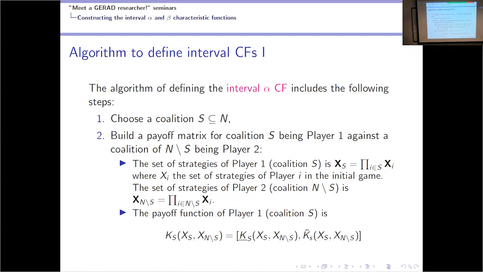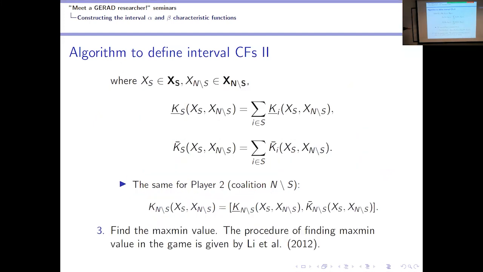So first step, choose a coalition. Second step, build a payoff matrix for coalition S as being player 1. And then you can compute the max min value at the third step.